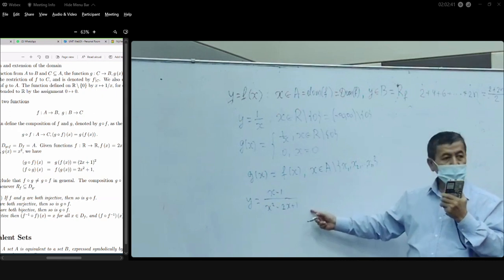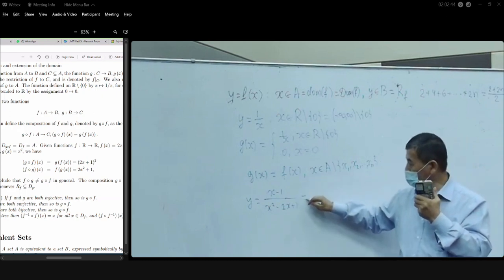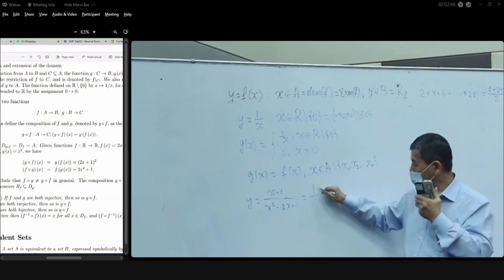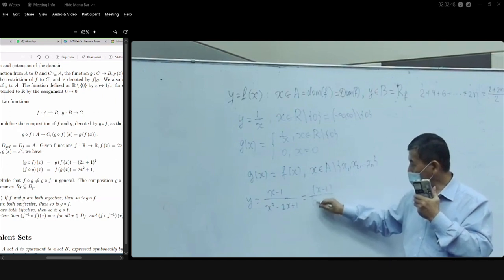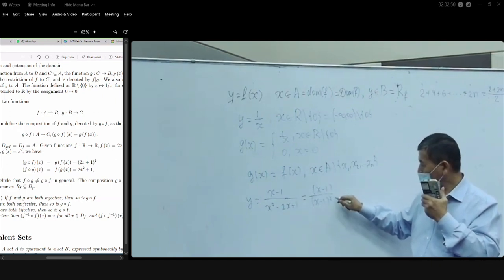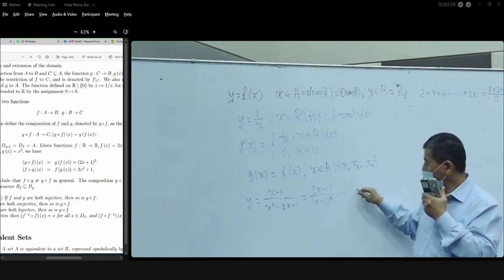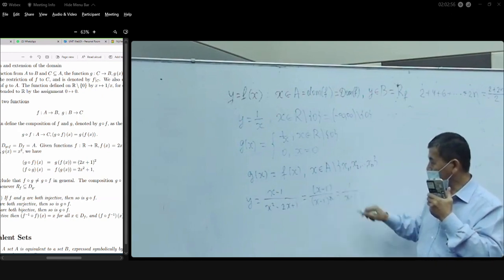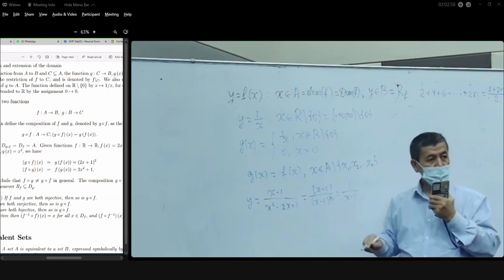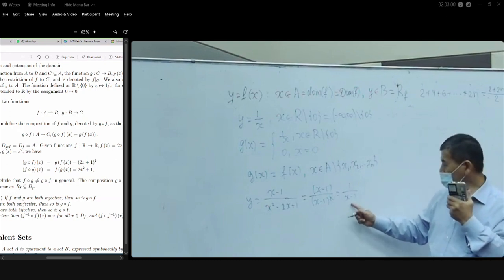So this function, if I properly rewrite, look, x minus 1, this is x minus 1 square. So if I cancel it, okay, it is 1 over x minus 1.